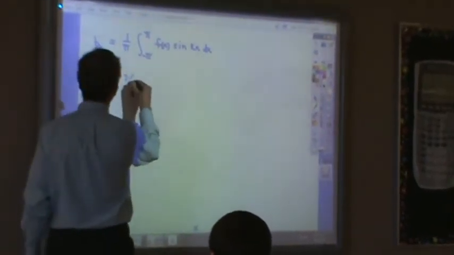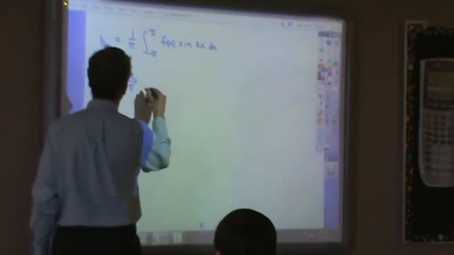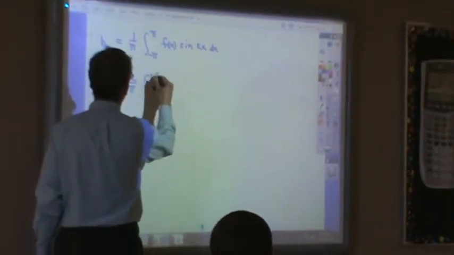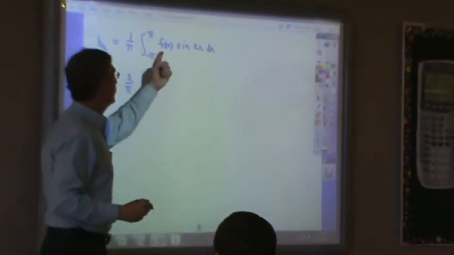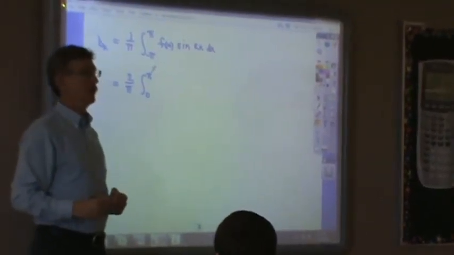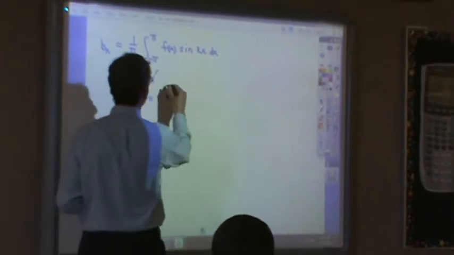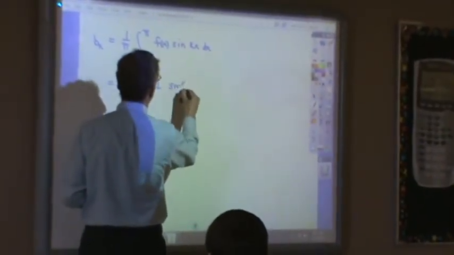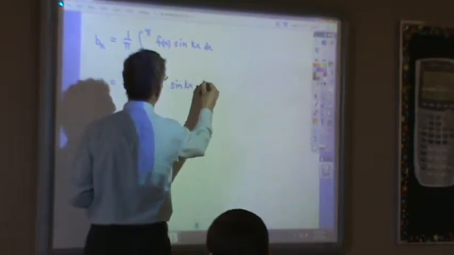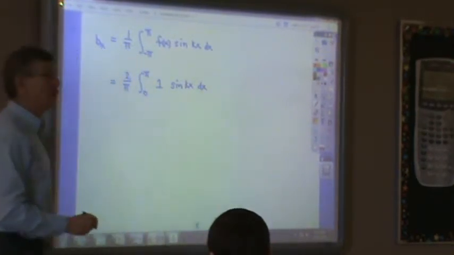So we get 2 over pi, integral 0 to pi. But wait, on the interval from 0 to pi, what's the value of f of x? It's 1. How convenient. So now we're stuck with simply integrating sine kx dx, and we can do that.